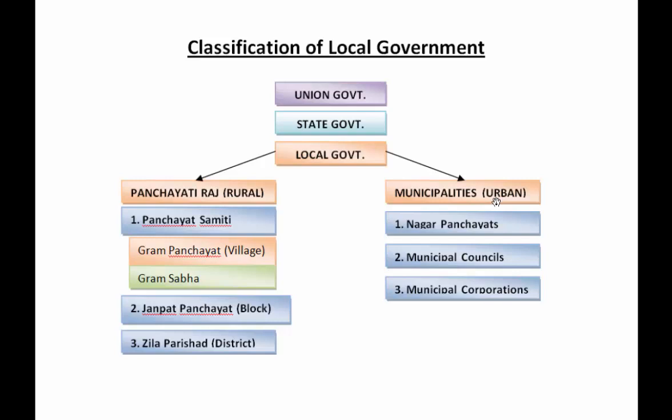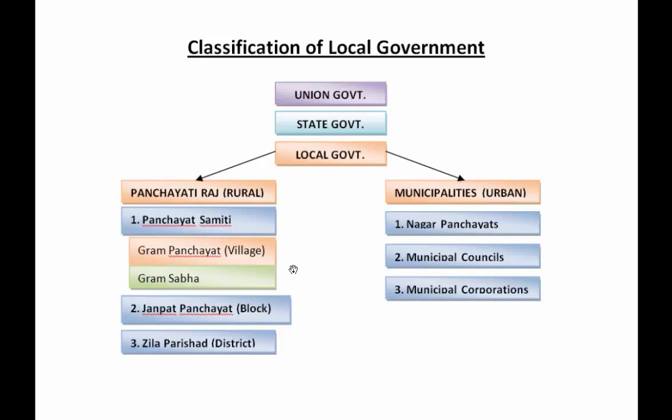In Panchayati Raj or rural local government, they work at three levels. The first one is at the village level, known as Gram Panchayat. They work at the block level, which is also known as Janpad Panchayat, and they also work at the district level, known as Jila Parishad.